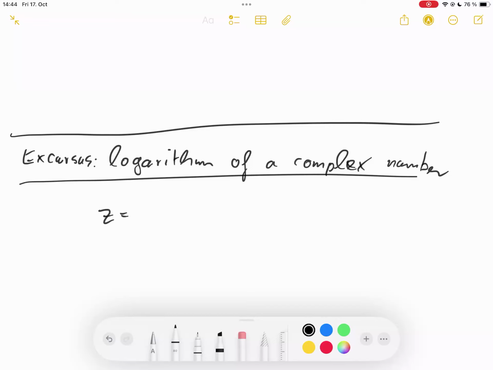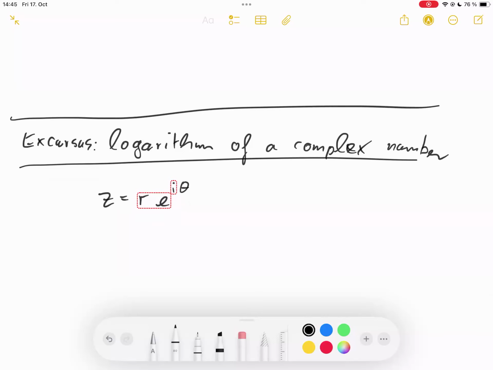So we saw before that when we have our complex number, we can represent it with Euler's formula. And we said this is r, the distance, times e to the power of I times theta, which is Euler's formula. Now how can I apply the logarithm to the complex number? Well, this is difficult with the regular representation, a plus b times I, but I can apply the logarithm here fairly easily.